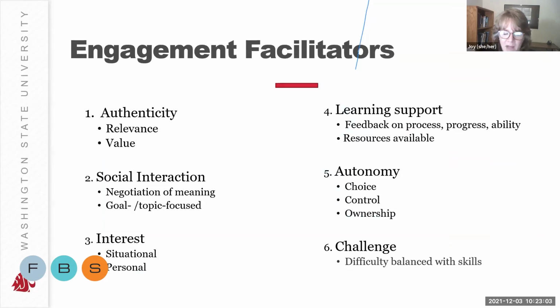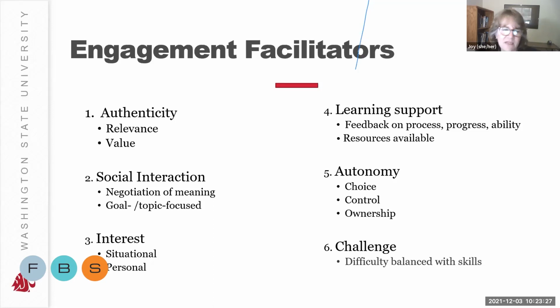So my advice would be take one task that you do with your students, that's a general task on a topic that they have to have in the classroom, and see how many of these facilitators you can put into that one task. In the literature, it actually says that the three most important are authenticity, social interaction, and interest.